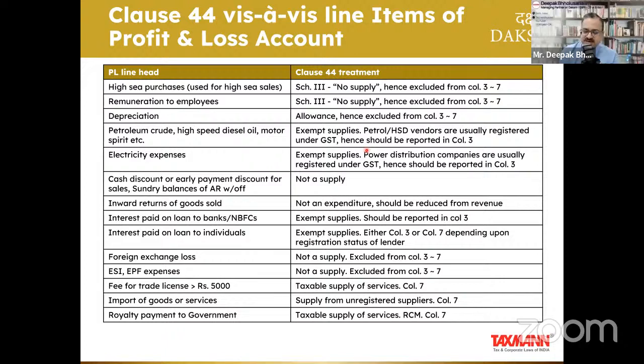That does not change the fact that this supply is from an unregistered supplier only. So if you look at import of goods, your supplier is always unregistered. Even though you are paying IGST under the Customs Act, that does not mean that the supply has become a supply from a registered supplier. It shall always remain as unregistered.